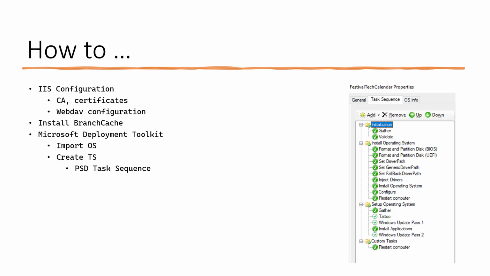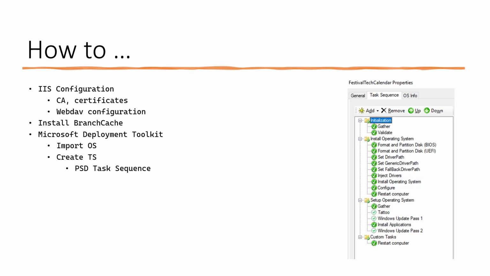Here is the first sample. There are only these few steps, only in production. If you want to use BranchCache, you need to add some additional steps.